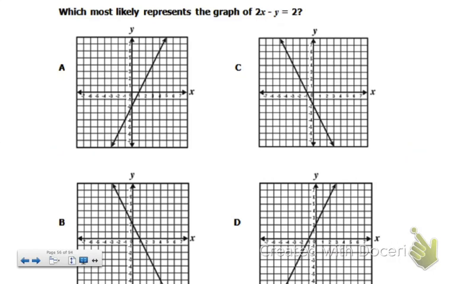Okay, which most likely represents the graph of 2x minus y equals 2? One thing you could do is check for x and y intercepts. If you make y 0, your x-intercept has to be 1. And if you make x 0, your y-intercept has to be negative 2.